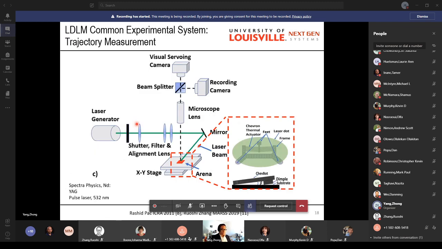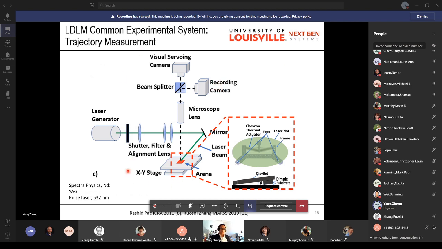So we did a lot of theoretical analysis. Now we need to move on to doing some experiments to verify and examine those theories. So we have two different experiment setups.